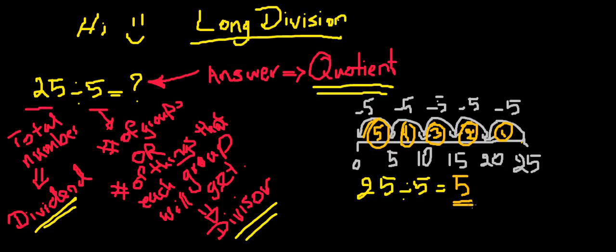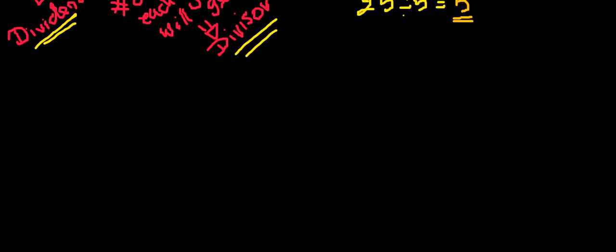Now, in terms of long division, what we do is try to make things faster. If I look at the same problem, 25 divided by 5, and I don't know the answer and want to do this faster, I'm going to use long division. Long division is interesting because it has a different sign.